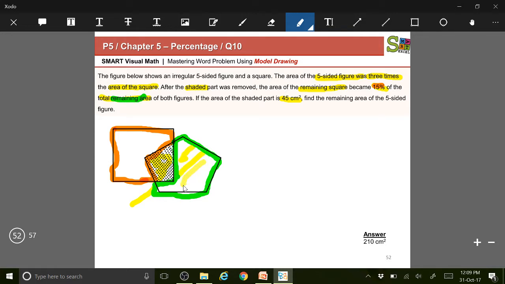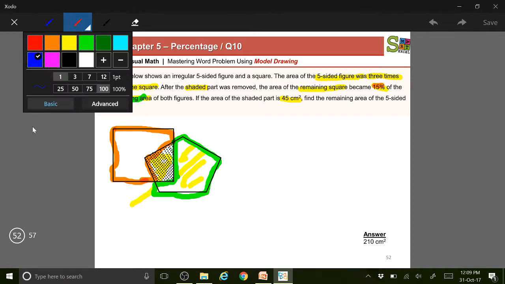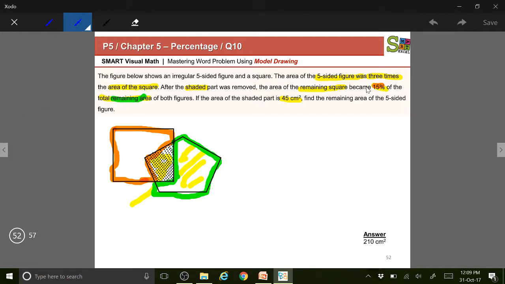This shaded figure. So how do we do? We're going to insert the information that they give us on the figure itself. So they mention that now the area of the five-sided figure is 3 times the square.